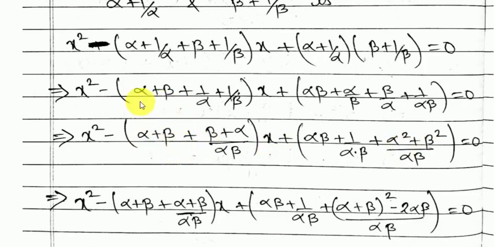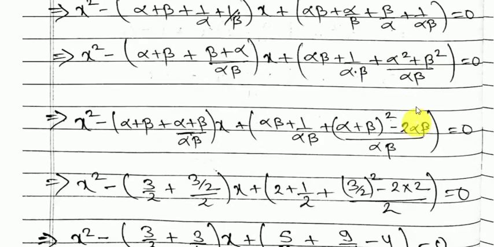So here, alpha plus beta, I got 1 upon alpha, 1 upon beta, cross multiply. Here again I'm getting alpha plus beta upon alpha into beta, nothing I have to do further. Here I get alpha into beta into 1 upon, so when you multiply you get this. And here you get alpha square plus beta square. For this you got to do some simplification.